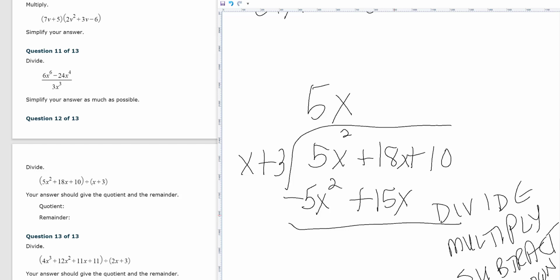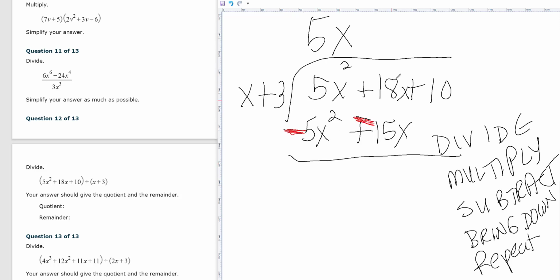Okay? But I also have to subtract the 15x. So I'm going to change the sign of that 15x here, just like I changed this to minus here. So I do 18 minus 15 is 3x, and then I bring down the plus 10.